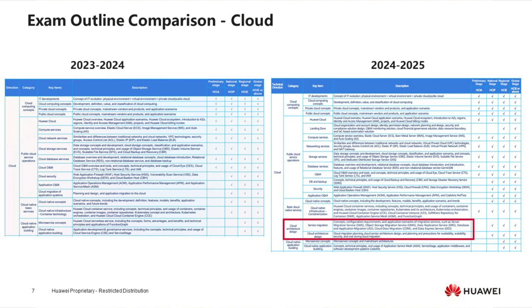For example, if in the regional stage it only asks you to know how to operate to create a CCE cluster, maybe in the global stage it's going to ask you to deploy some web application in the CCE, or migrate a normal service onto the cloud platform and make it a container format.